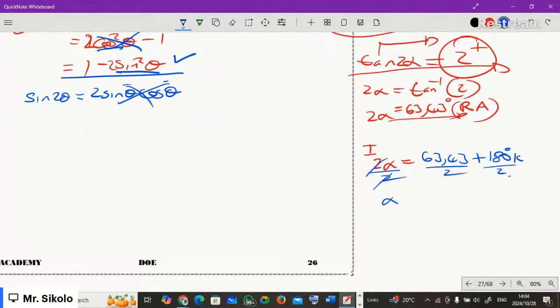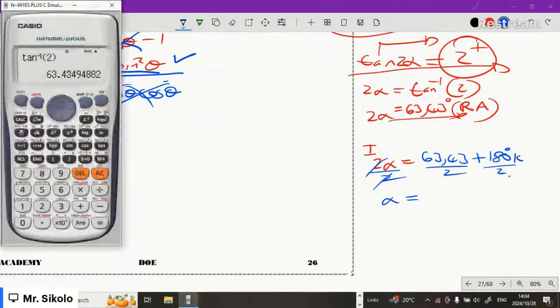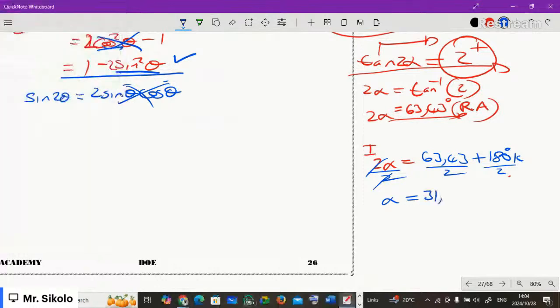You will have your alpha equals, for the calculator again, 63.43 divided by 2, which is 31.72 degrees plus 90 K. Therefore, K is an element of integers.